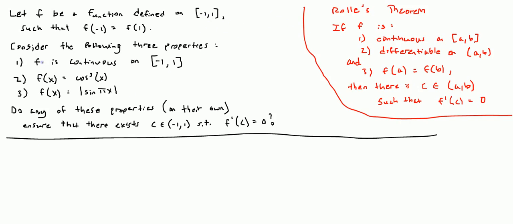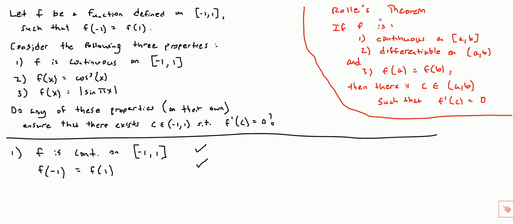Okay, so let's go through each of these three different properties. So 1, f is continuous on the closed interval [-1, 1]. That's what they tell us. And we know from the problem statement that f of -1 is equal to f of 1. So these are two different criteria of Rolle's theorem. But we're missing the third.